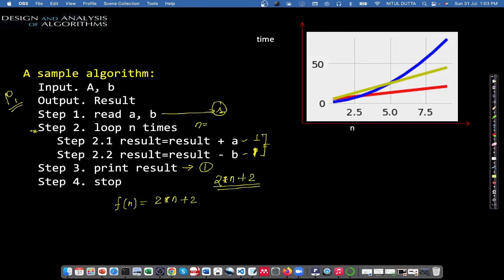Now our goal is to find the upper bound of this time complexity, which we will denote with order of g(n), the big O of the function. Our main interest is to find a function g(n). Let us first plot this function f(n) equals 2n plus 2 in x and y coordinates.